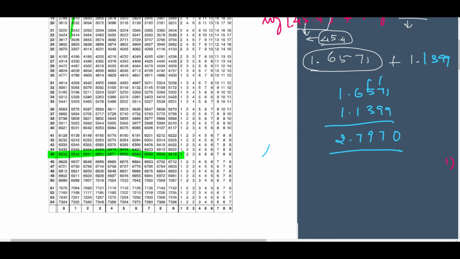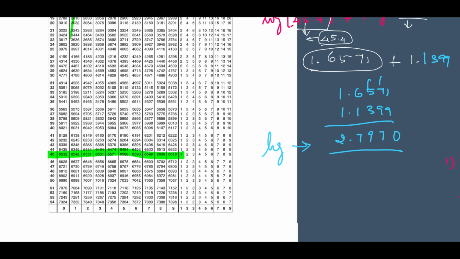Clear? So 2.7970 is my number. Clear? So when you are coming to find the antilog, what will we get? Always we have to make 10 power 2. So we have to take 0.7970.